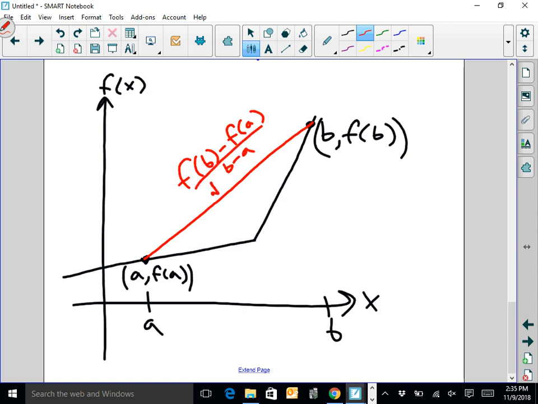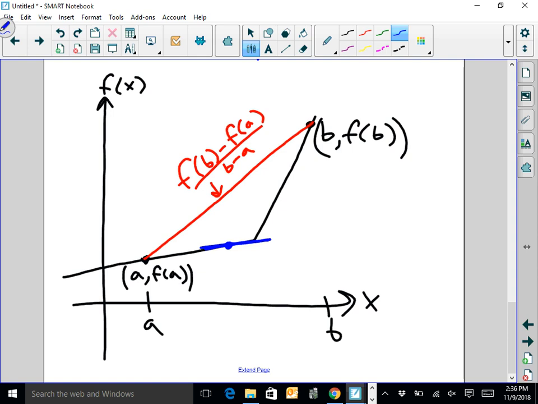Well, the problem is, because f isn't differentiable in this particular drawing, I can't find any point c in between a and b where the instantaneous slope, f prime of c, matches the slope of that red line. There's no point. That slope is not parallel, it's not the same slope.